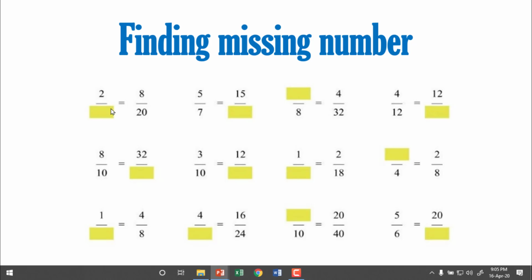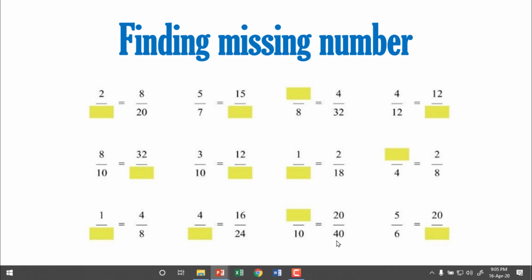Let's check another one. Suppose this one: something divided by 10 is equal to 20 by 40. Look, 10 is given here. From 10 we get 40. How can we get 40 from 10? If we multiply 4 with 10, we will get 40.